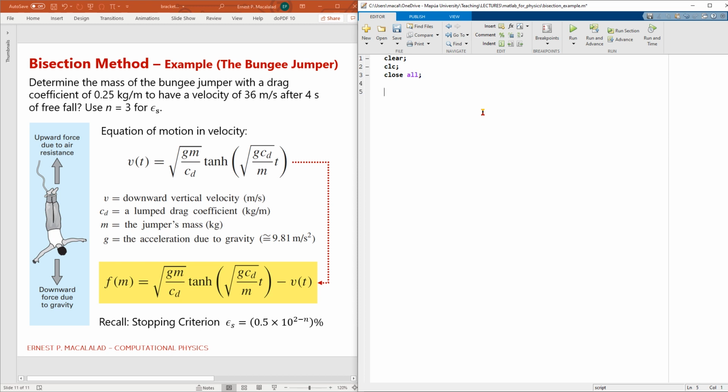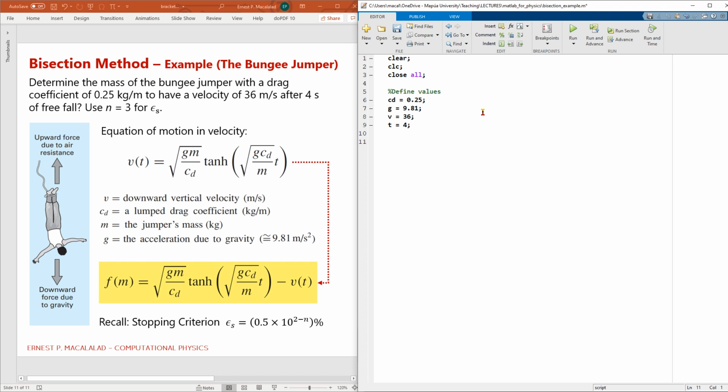Okay, so let's define some initial values. cd would be 0.25, g is 9.81, v is 36 meters per second, and t is 4 seconds.